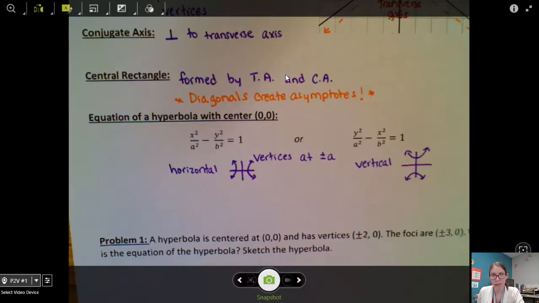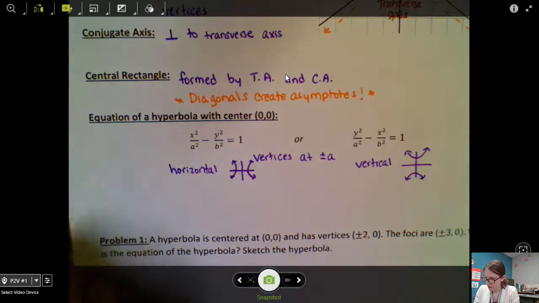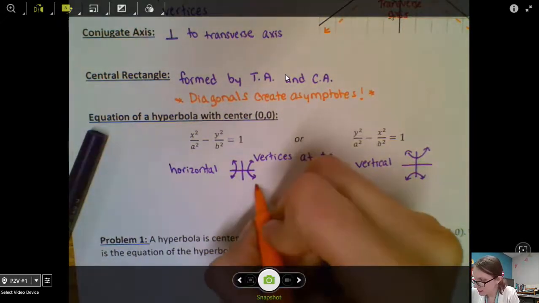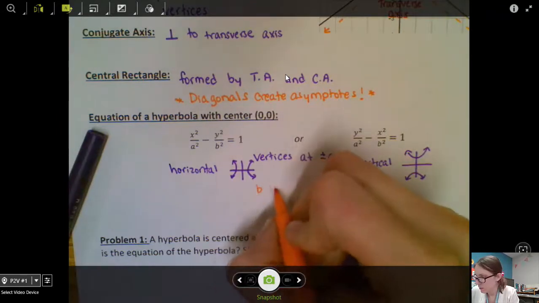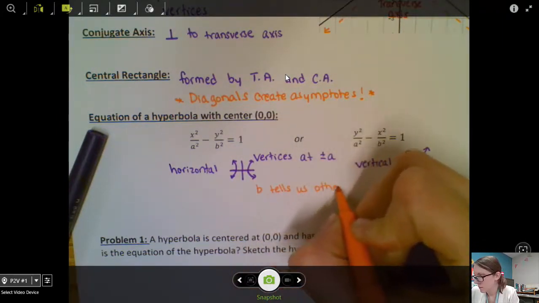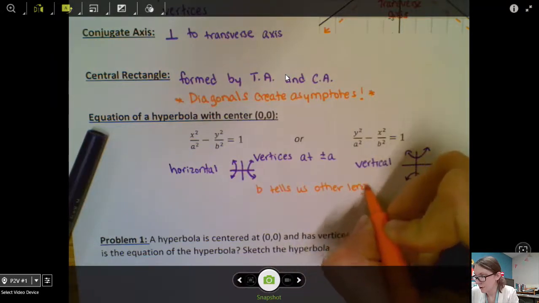Now, what does b mean? B is important because it tells us the other length of the central rectangle.